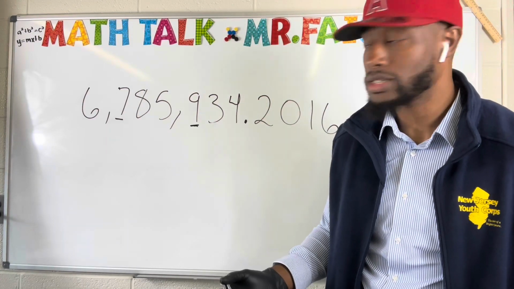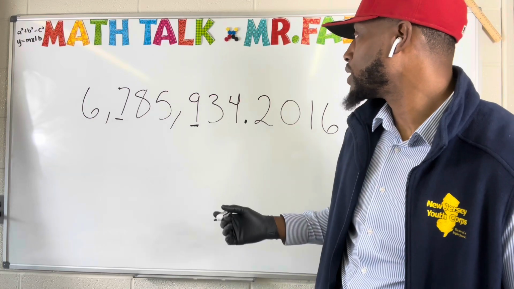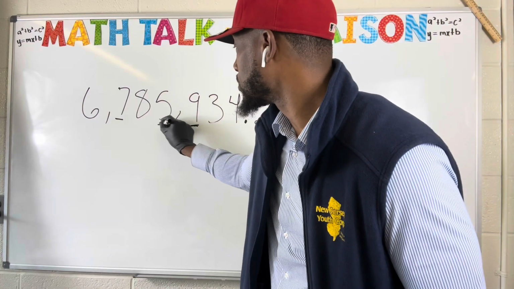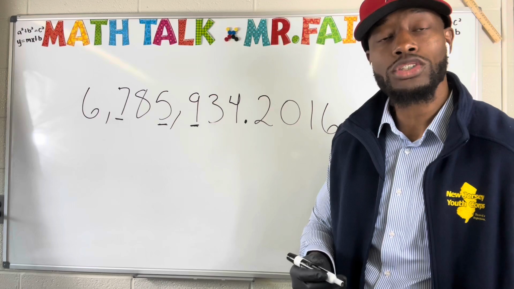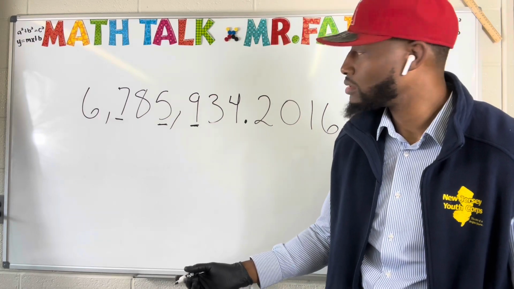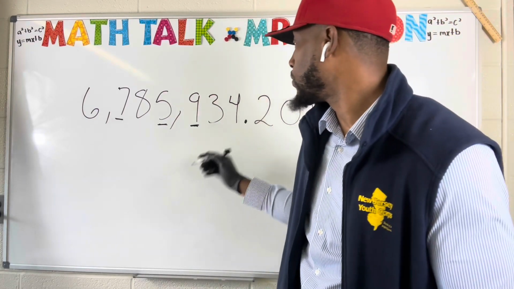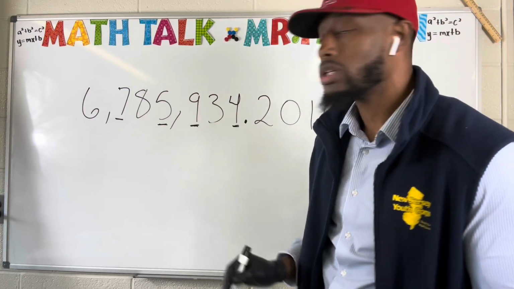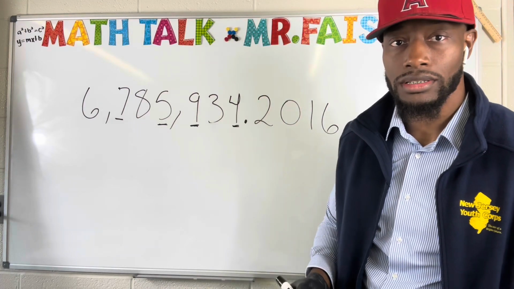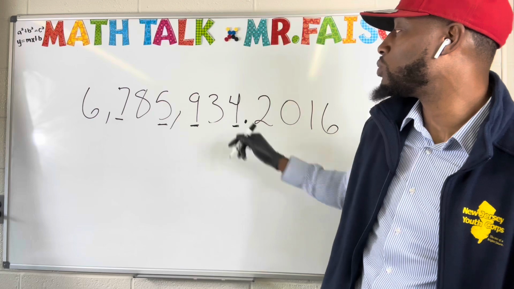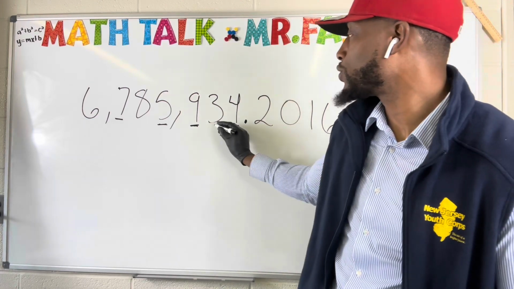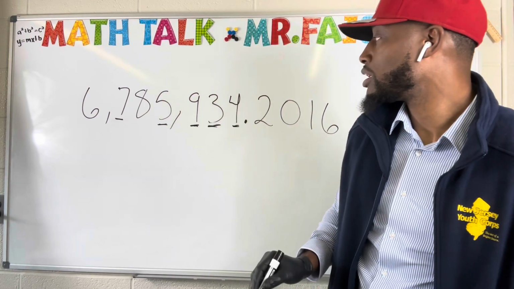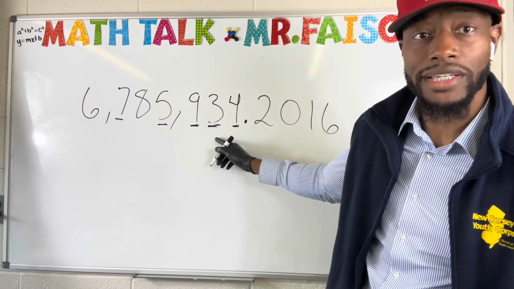The 5 is going to be in your thousands place. The 4 is in your ones place. The 3 is going to be in your tens place.